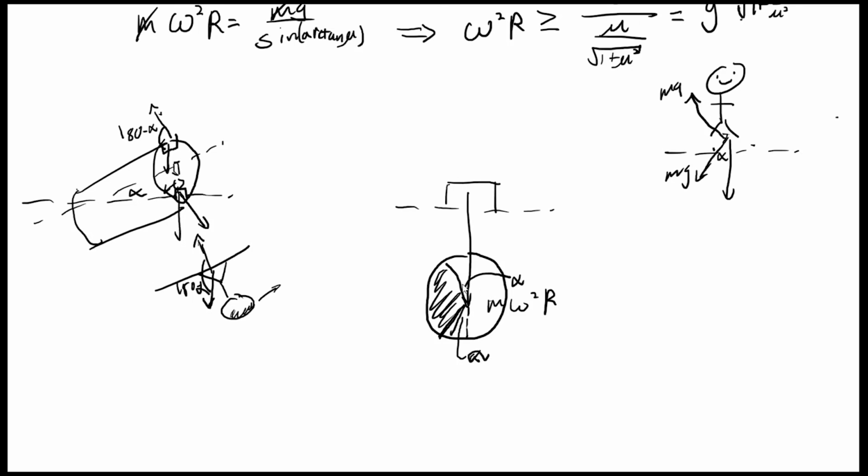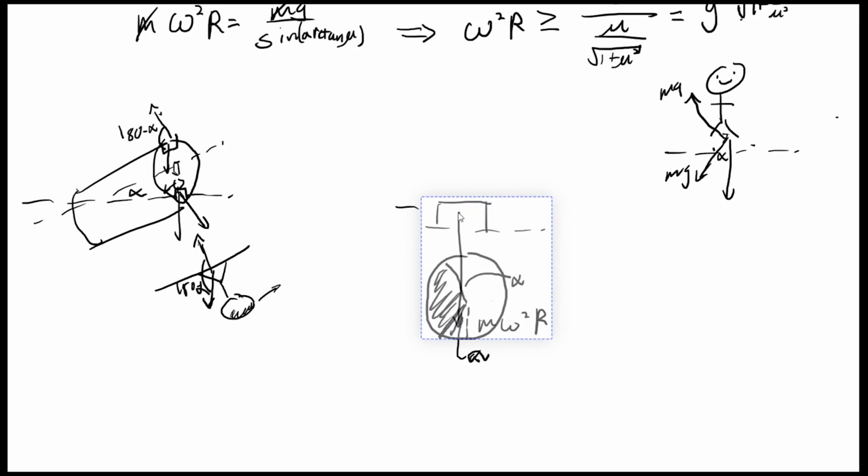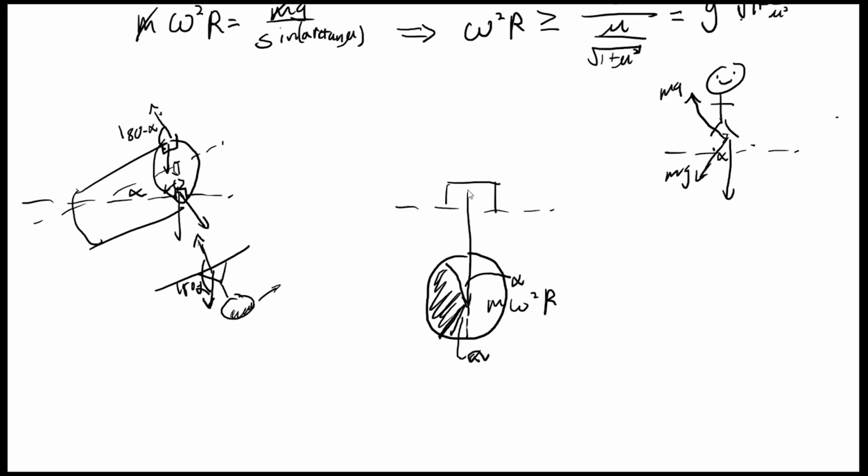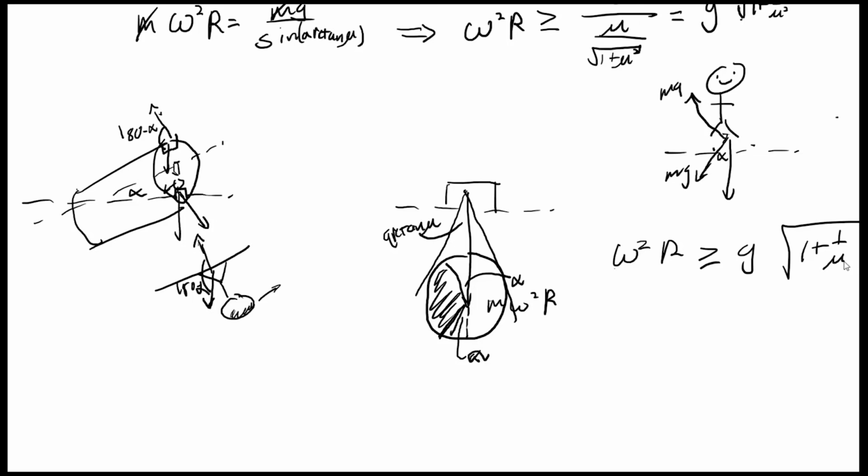So if we assume that alpha is large enough, then we can just make sure that the circle is contained within the bounds of arctan mu. And that's going to be the same calculation as before, and that's going to be omega squared r is greater than or equal to g times root 1 plus 1 over mu squared.